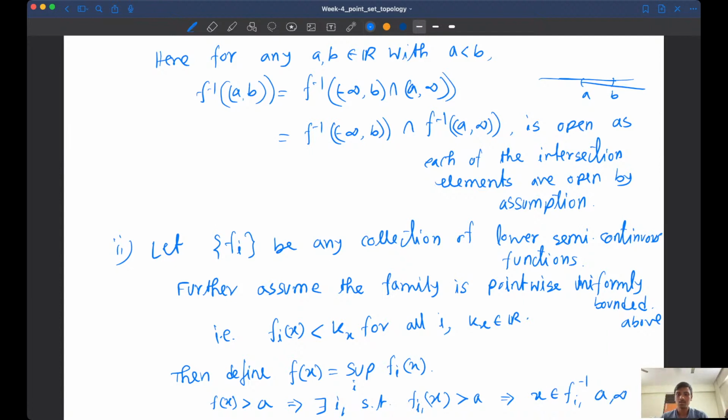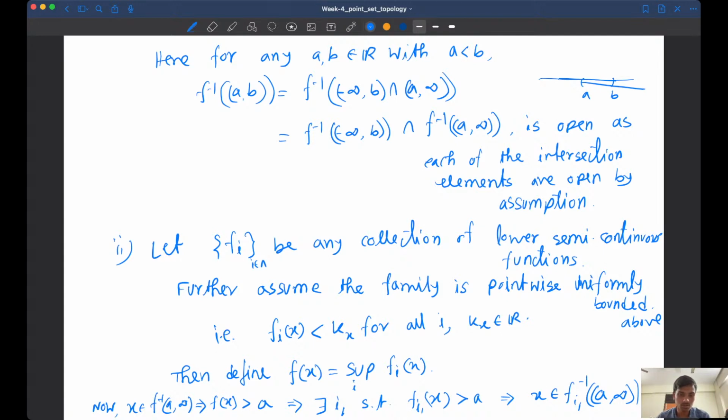So if x belongs to f inverse of (a, infinity), that implies f(x) is greater than a, and x belongs to f_i1 inverse of (a, infinity) for some i1 belonging to the indexing set, let's say Lambda.